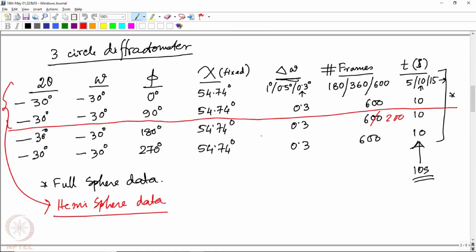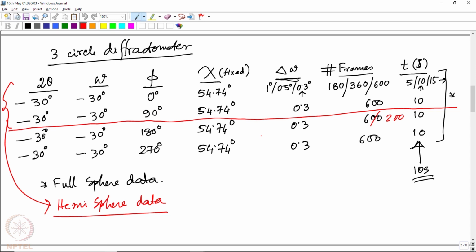These strategies are either incorporated by us or determined by the software, and a basic standard data collection protocol was shown on a screen like this, where you change the phi with different orientations of the crystal and record the data. So what is this data that we are getting?